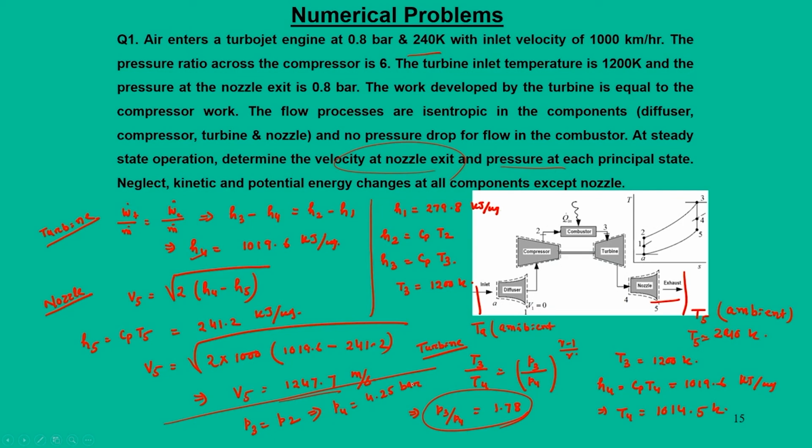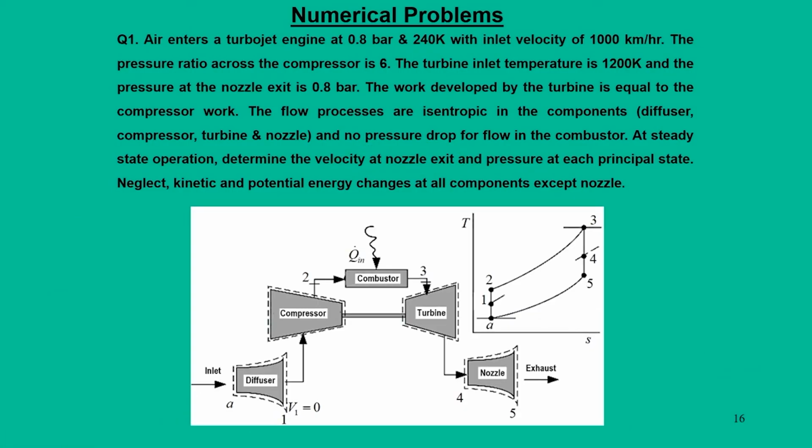Ultimately, at the end of our analysis, if I express my answers in a single chart: pressure at each principal state. Pa, the ambient pressure, is 0.8 bar, which is given. P1, exit from the diffuser, we have already calculated to be 1.263 bar. P2, after compression with pressure ratio 6, is 7.58 bar.